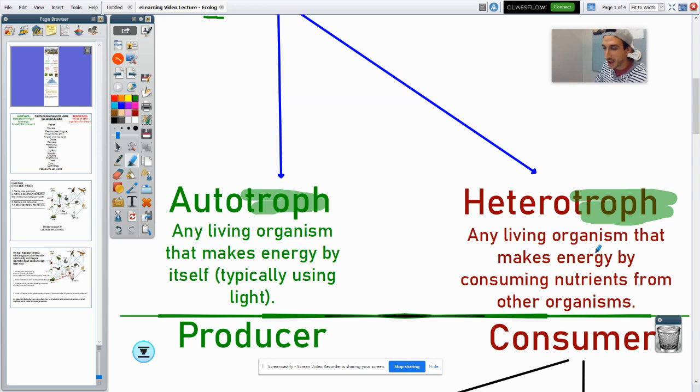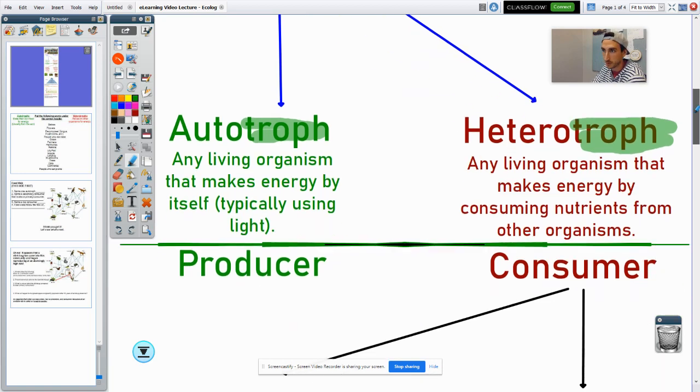That makes sense. So what are you? Like, you get up and make your own food, you do it by yourself. Are you an autotroph? No. You are a heterotroph because you're getting energy from another source. Essentially, plants, not plants. For the most part.